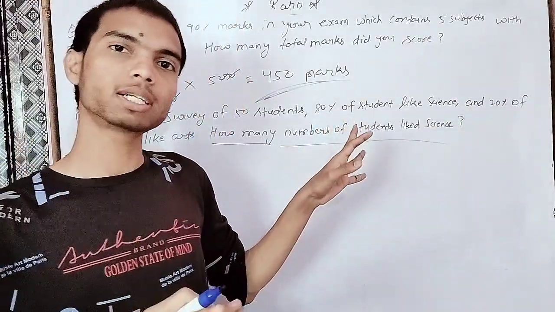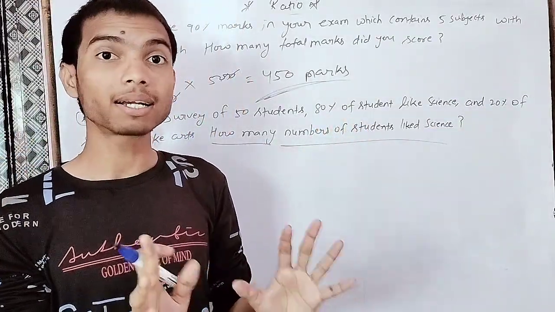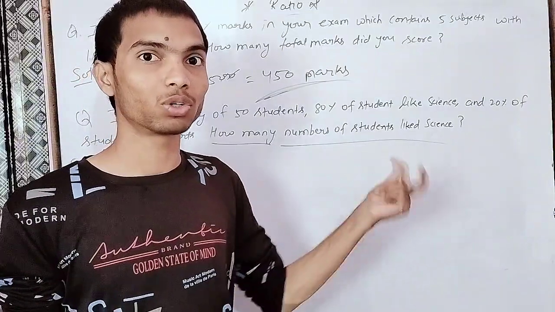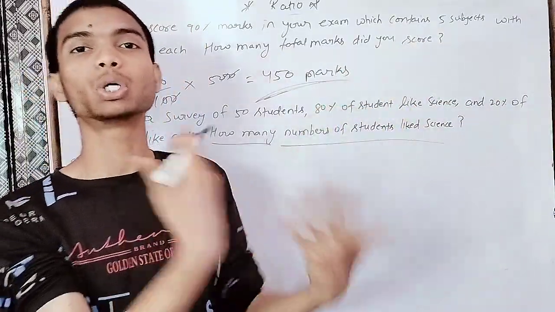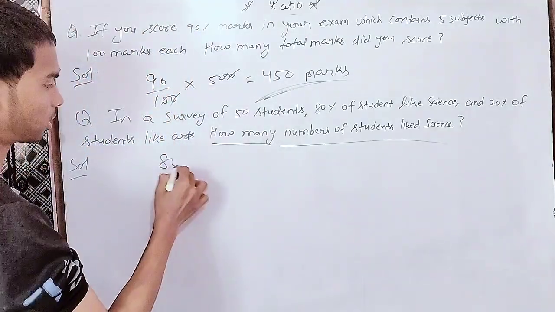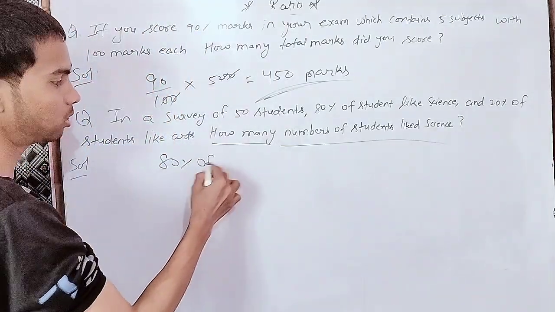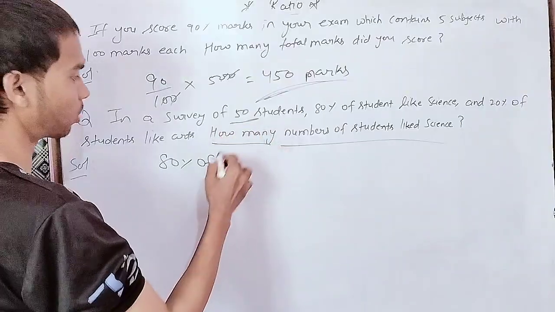We know that 80% of students like science, but we need it in numbers. So we need to convert the given percentage into a number. This is 80% of the total, which is 50.